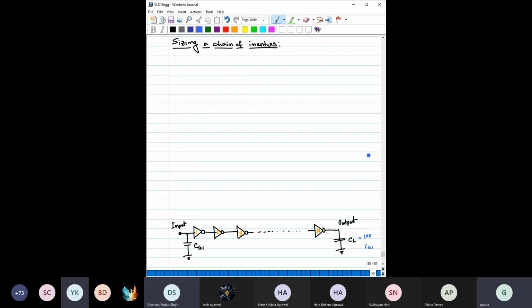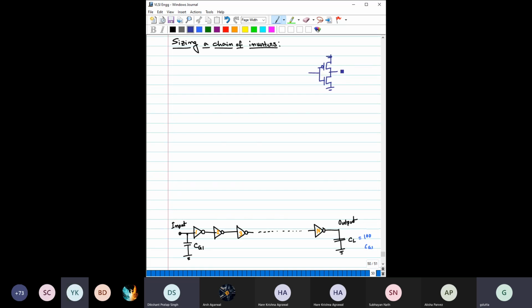But before we discuss that, we should briefly discuss one relation that is important for this analysis, which we already know. Say this is a single inverter.